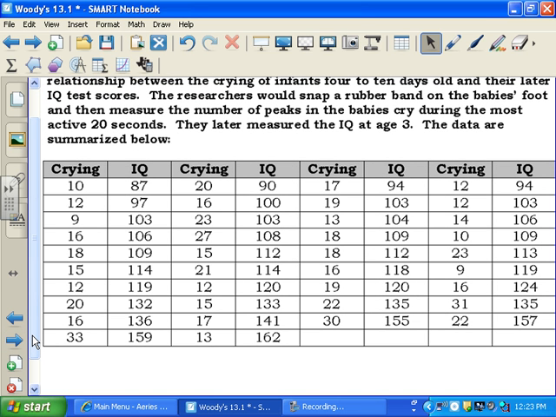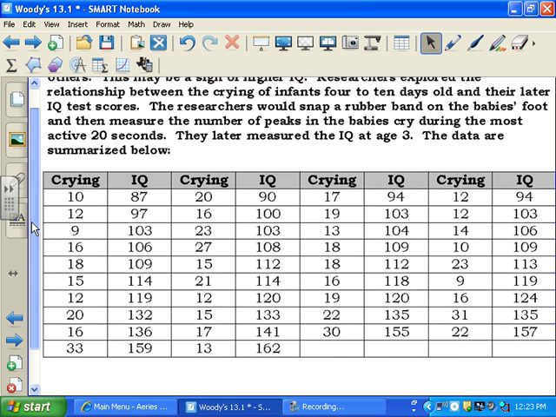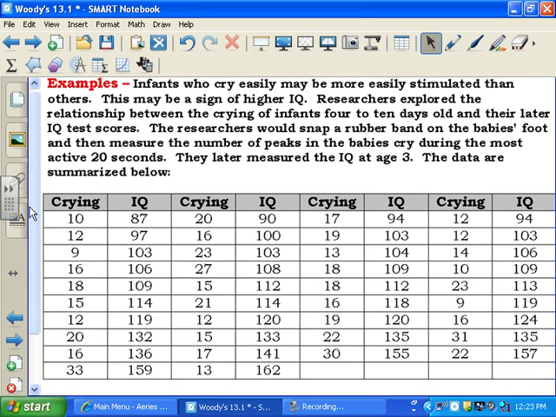So this is their IQ. No, that's not their IQ. That's their cry time. We're in trouble if that's their IQ. This is the number of peaks in the cry over 20 seconds: 10. Their IQ at age 3 was 87. Remember, an IQ test is scaled 0 to 200, with 100 being the 50th percentile.